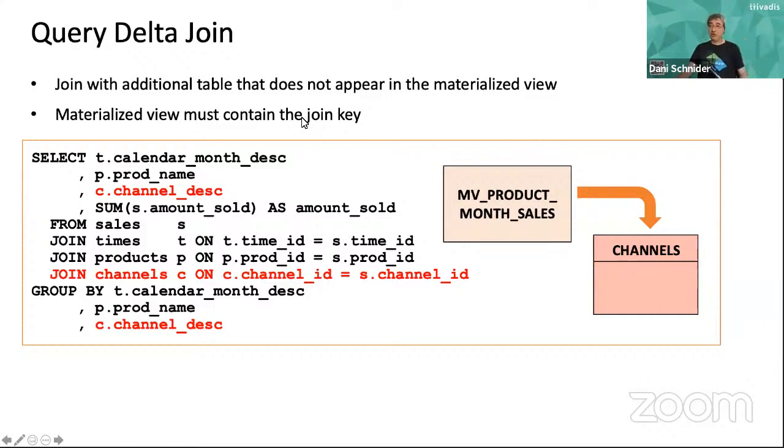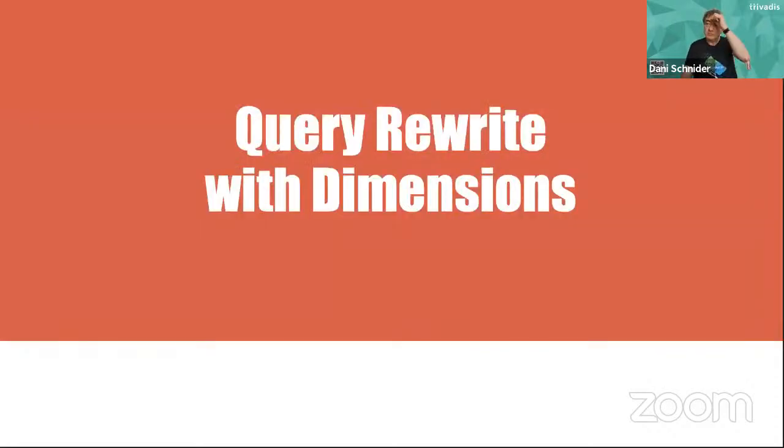The precondition here is that the join key, the channel ID, must be part of the materialized view, which is the case in our example.